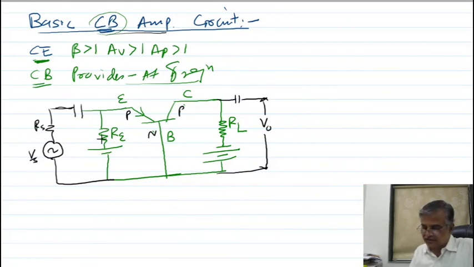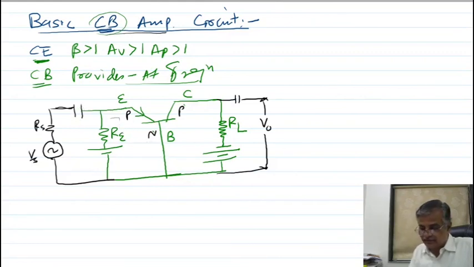This provides the necessary value of the bias current. How much? With the help of this you will give 0.7 volt or 0.3 volt. If it is made of silicon, this voltage is 0.7. If it is germanium, this voltage is of the order of 0.3.